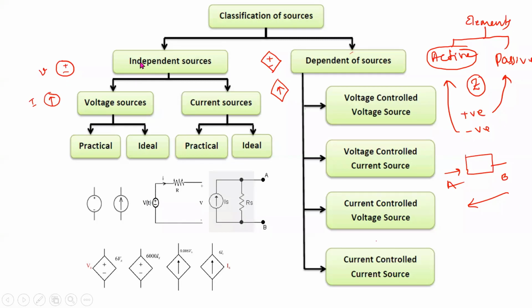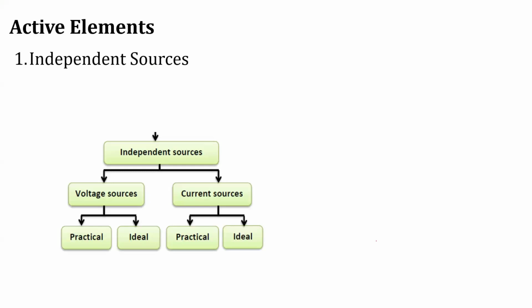A circle is used to represent the independent sources, and a rhombus is used to represent the dependent sources. We will see independent sources in detail first. Later we go for dependent sources. Dependent sources are further divided into four types, which we will come to know later. First, we see that active elements are divided into independent sources and dependent sources.